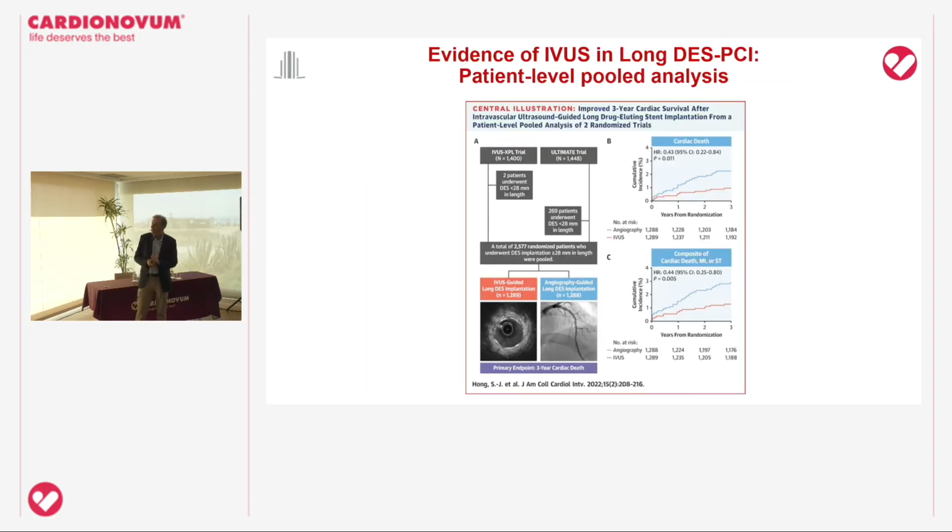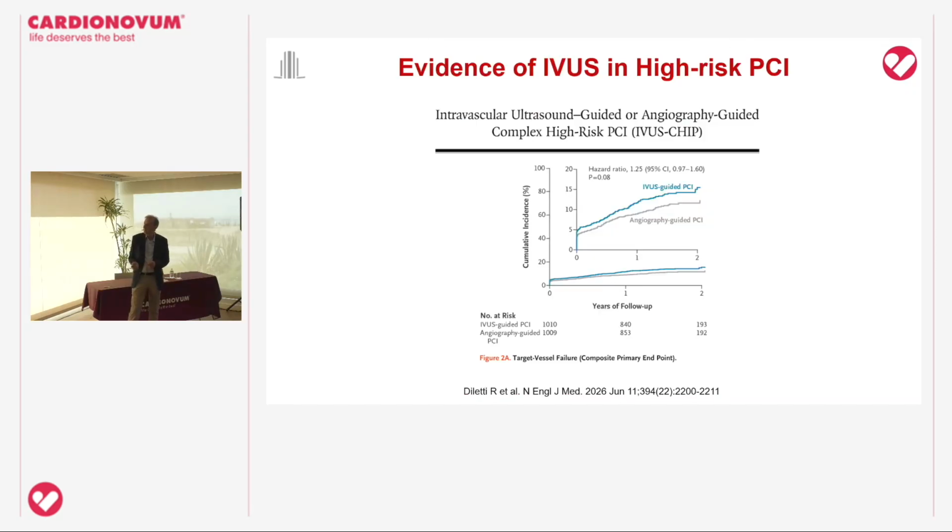And when we pool these two trials, this is in patients with long lesions. So in long lesions like the one I presented, we pool the analysis of these two randomized trials, IVUS-XPL and ULTIMATE. You end up with better results with IVUS, showing reduction in cardiac death and in the composite endpoint of cardiac death, MI, or stent thrombosis.